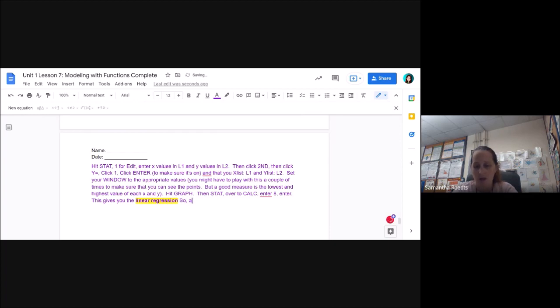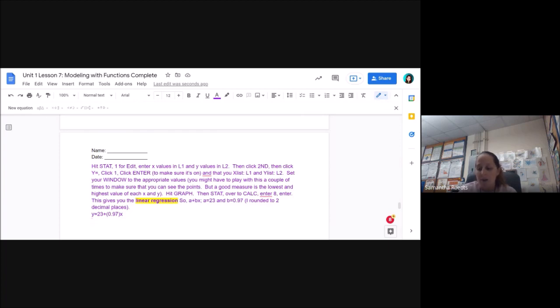So A plus BX, and in this case, A equals 23 and B equals 0.97. I rounded to 2 decimal places. Okay. So that gives us our line. So Y equals 23 plus 0.97 times X.